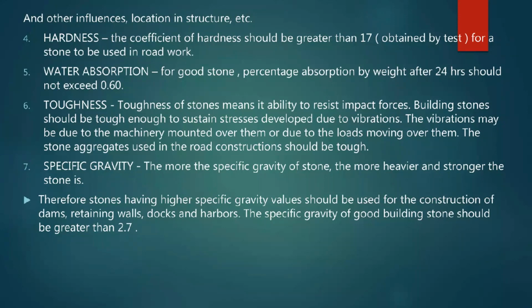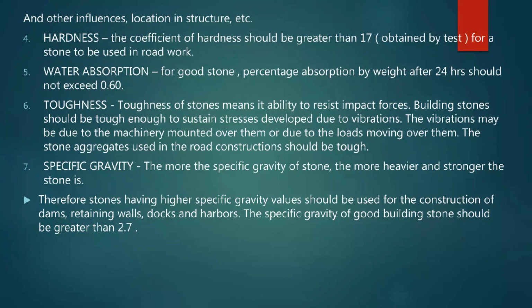Then toughness. Toughness of stones means the ability to resist impact forces, such that building stones should be tough enough to sustain stresses developed due to vibrations. The vibrations may be due to machinery mounted over them or loads moving over them. Stone aggregates used in road construction should be tough.